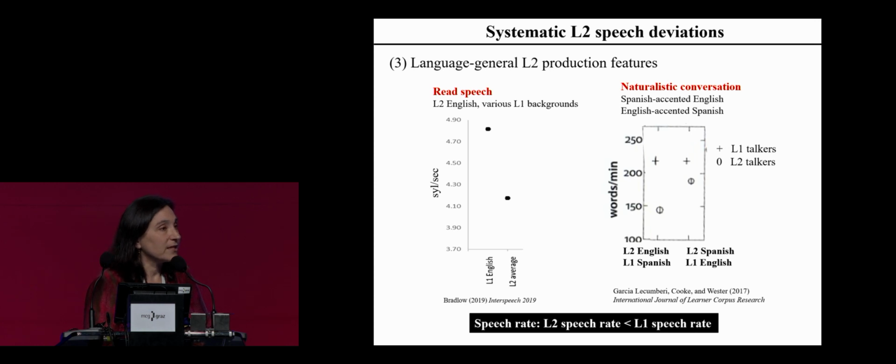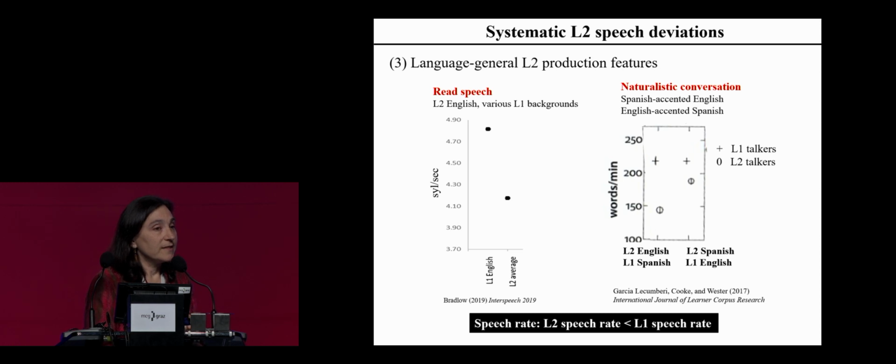On the left, we're looking at a study of read speech. So this is L2 English as produced by non-native speakers, and you can see the substantial drop in speaking rate in terms of syllables per second for a group of L2 speakers from various L1 backgrounds. The data on the right come from a different study that allows us to make 2 important points.